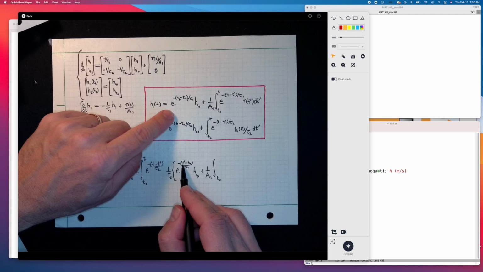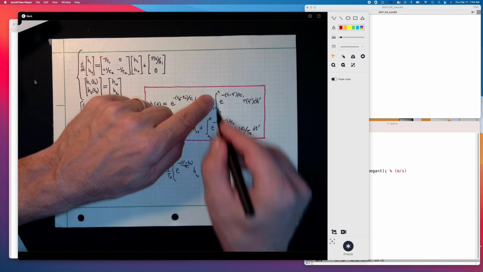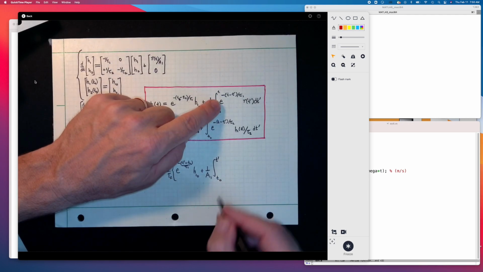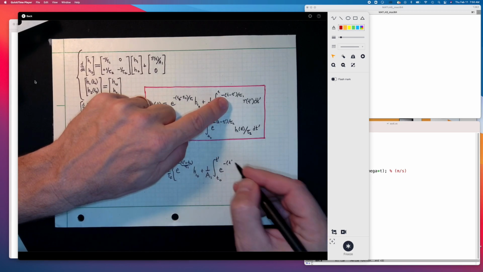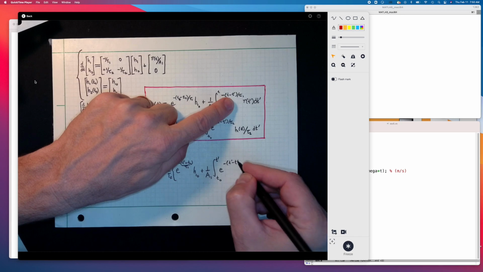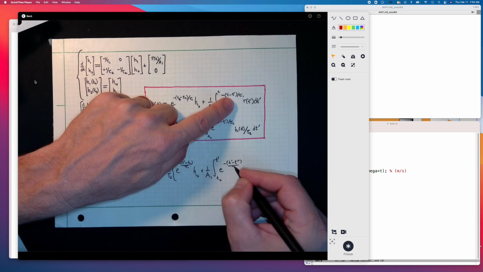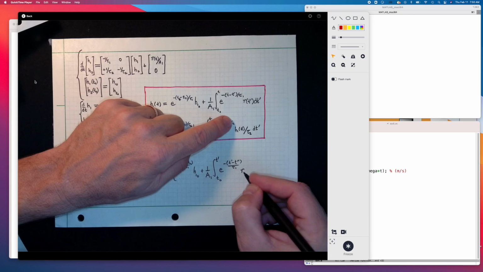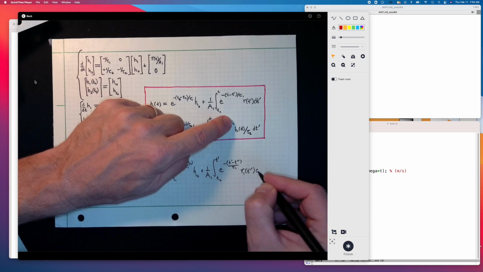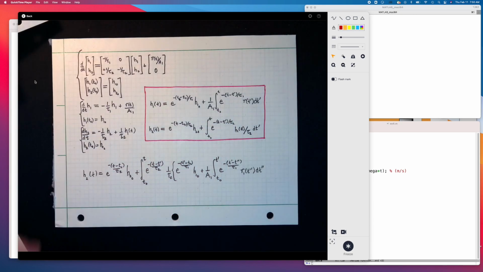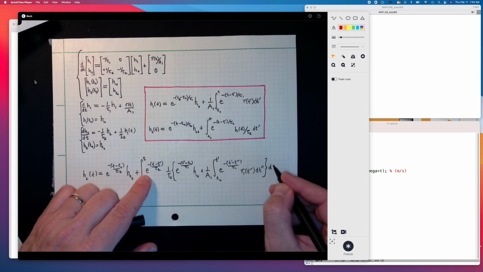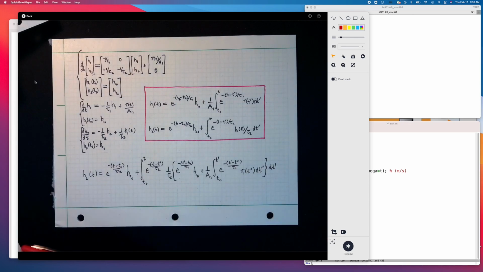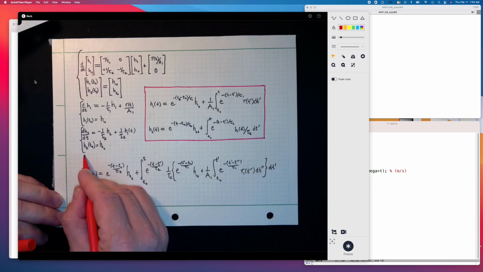So this t is a t primed. This t up here becomes a t primed. So the first t becomes a t primed, the second t becomes a t double primed. Tau 1 r1 of t double primed dt double primed. And then I can close this bracket. And then the integral here is with respect to dt primed. And so this would be the full solution.